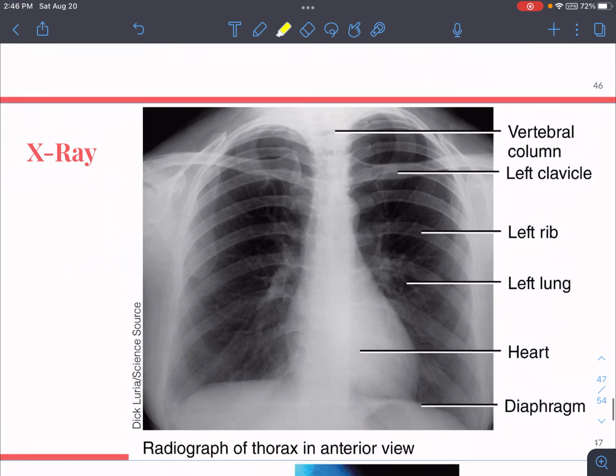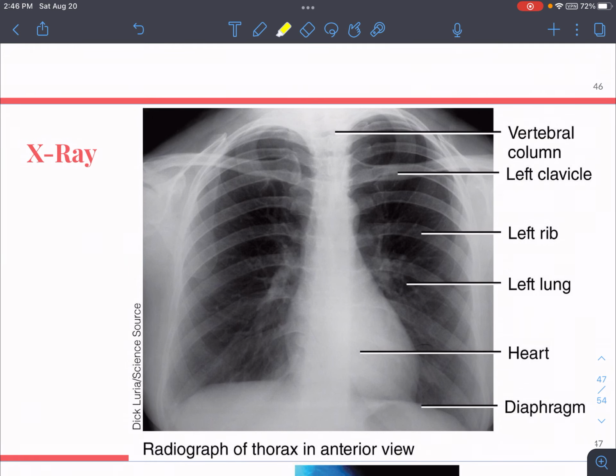Here's an x-ray. It's an x-ray of the chest. The darker area here, these are your lungs. Here's your heart. You can actually see on an x-ray if they have an enlarged heart, as the heart is more opaque. It's more shaded in than the lungs.